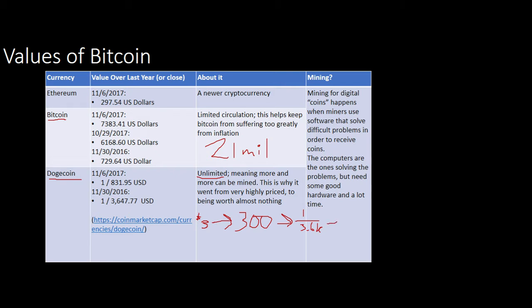And then today it's around 1 over 831. So as you can see, even if this is kind of an increase from 3600th of a cent of a dollar to being 830th of a dollar, it still is extremely low.